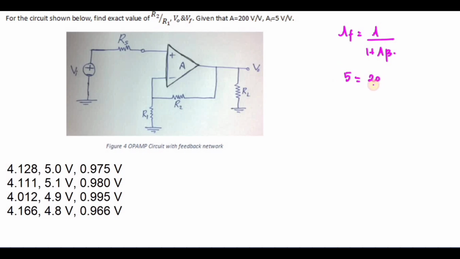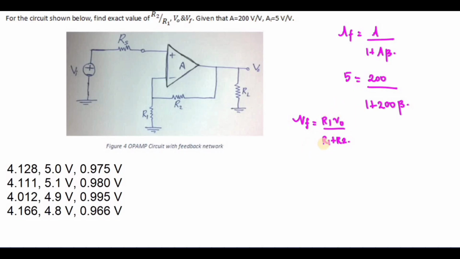So we know that this point is Vf. Vf is nothing but R1 into V0 divided by R1 plus R2, according to the voltage divider rule. So Vf divided by V0 is beta, right?